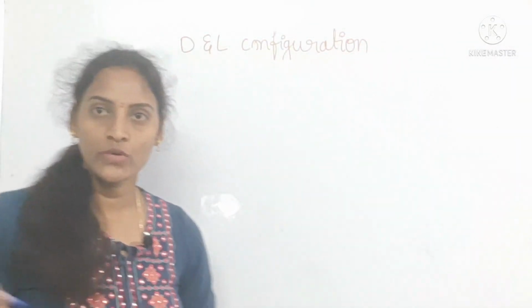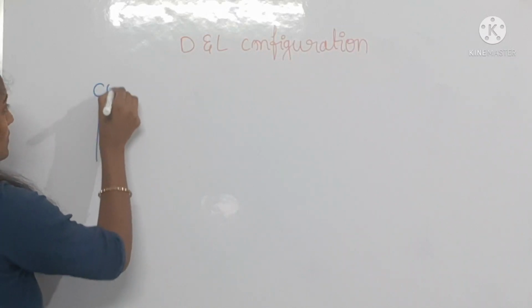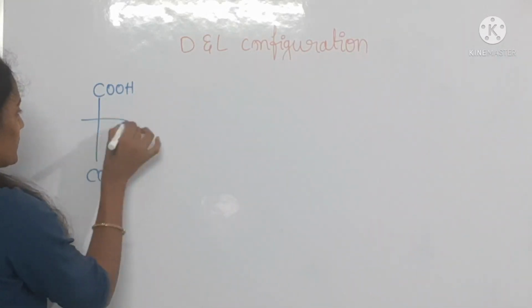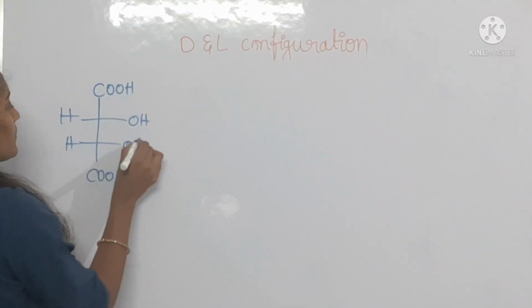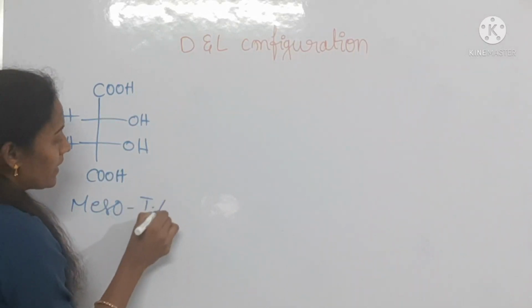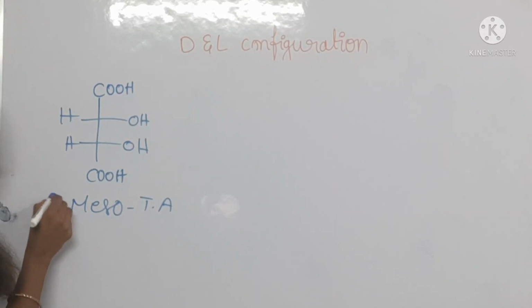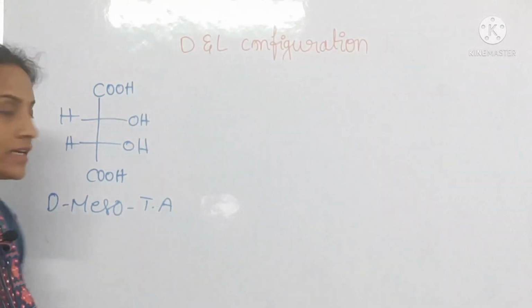Some more examples we can see here. This is the mesotartaric acid, students. Which configuration is it having? It is having D configuration. D-mesotartaric acid.